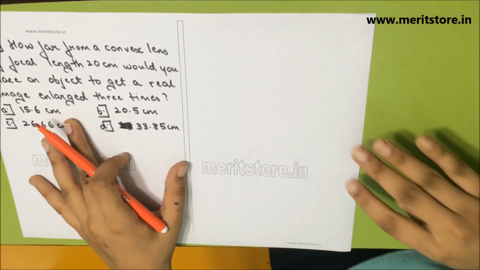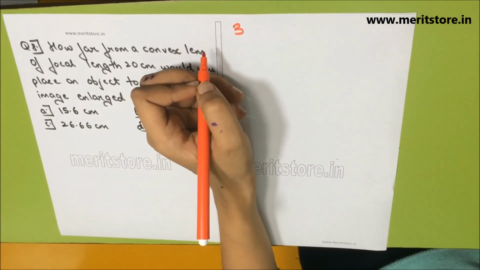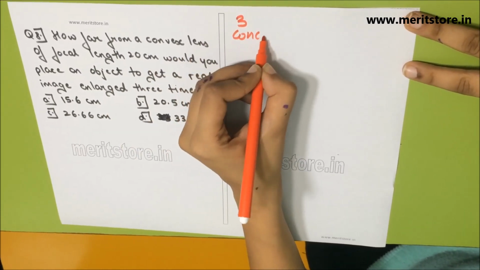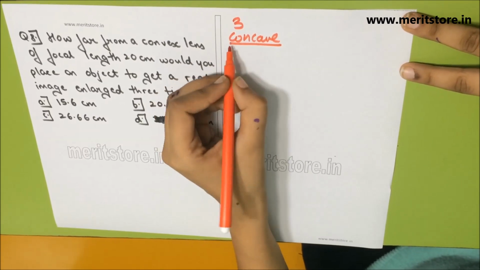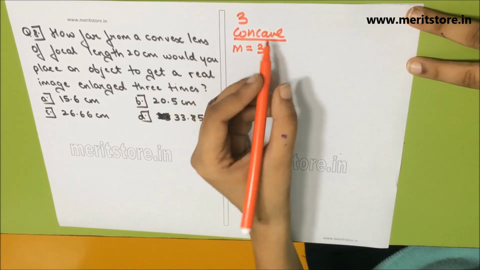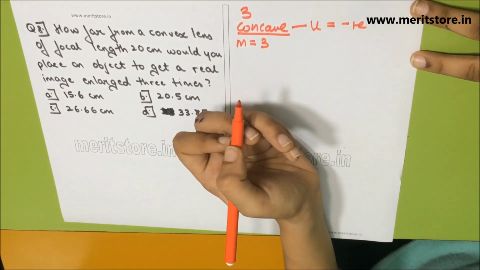Okay, so now over here they have told us that the magnification is 3 times. When we have magnification 3 times, we consider that the lens is a concave lens. So M over here is 3. The lens is concave. When the lens is concave, the U has to be negative.